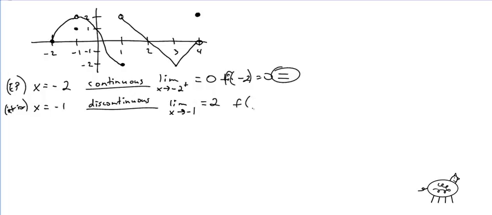But f of -1 is this dot right here, and that's equal to 1. These are not equal, so that's why this is discontinuous.